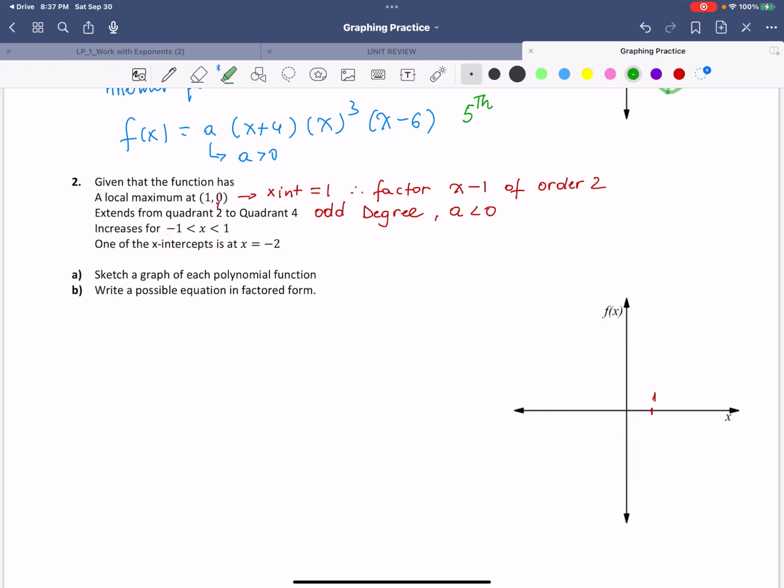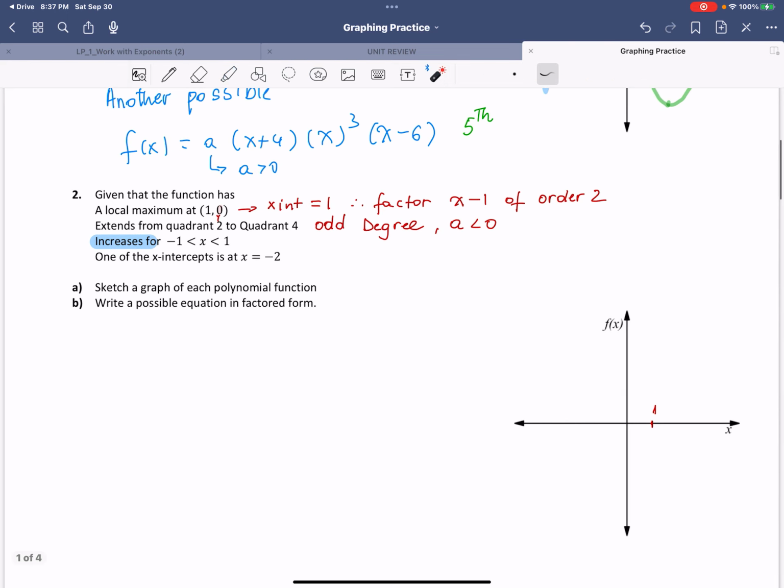Whenever we are given that the function is increasing or decreasing in an interval, it means it's going to reach some high point, and it's going to hit some low point somewhere in between.